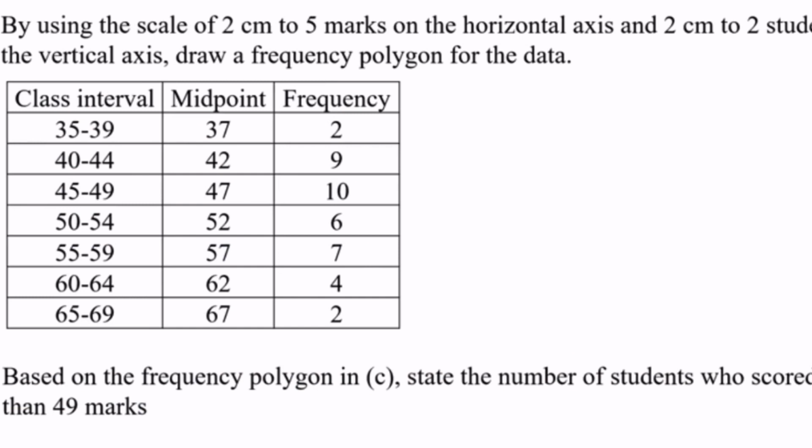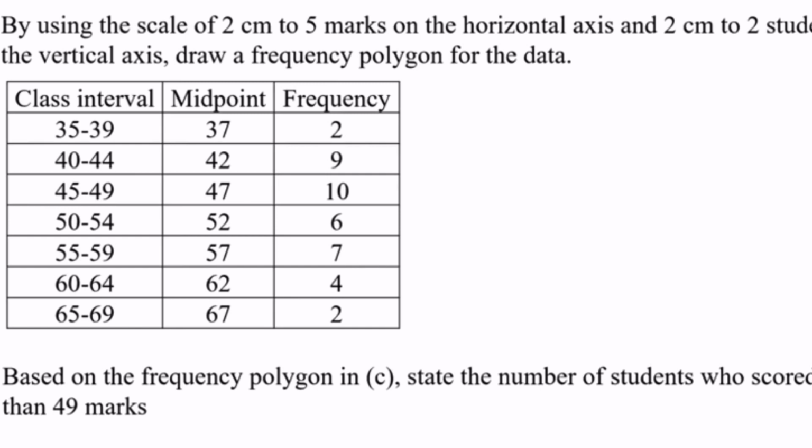Alright, so let's take out your graph paper and try to draw the frequency polygon for the data using the scale of 2 cm to 5 marks on the horizontal axis and 2 cm to 2 students on the vertical axis.